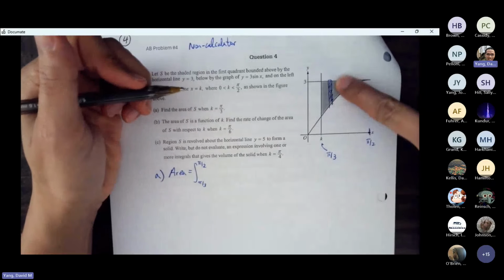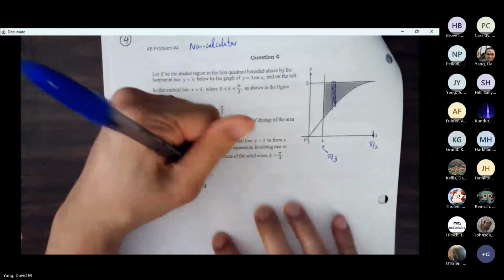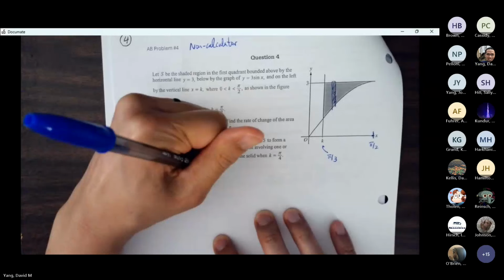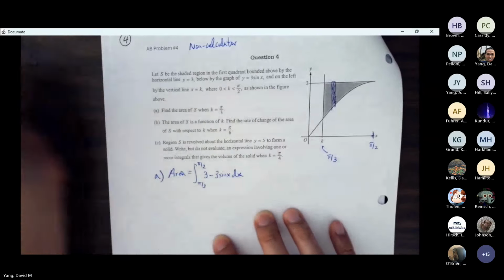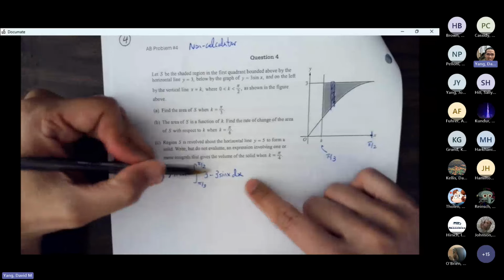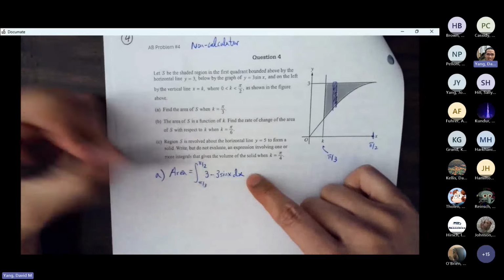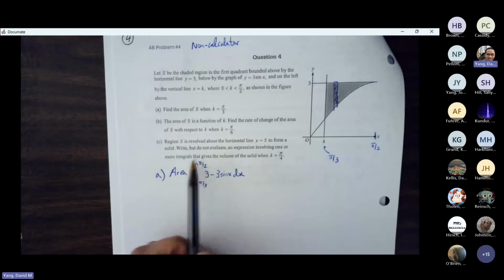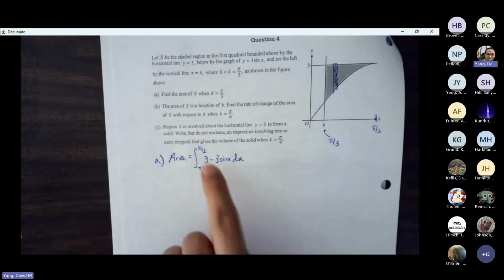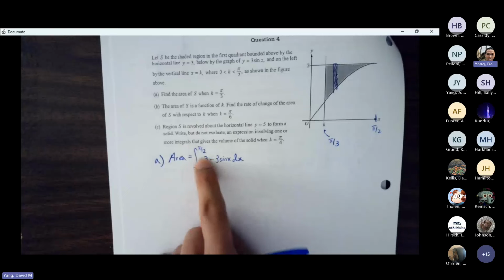Okay, so top minus bottom, that's just area. 3 minus 3 sine of x. Okay. No squared, no pi. This is not volume. We're not rotating anything. I know area formula feels like there's something missing, but it's really just top minus bottom, and that's it. So don't include any squared as part of your formula.